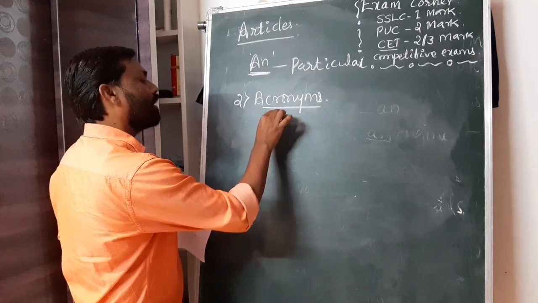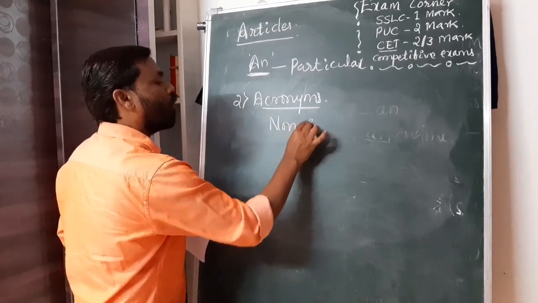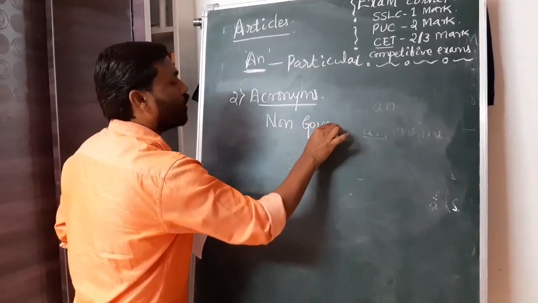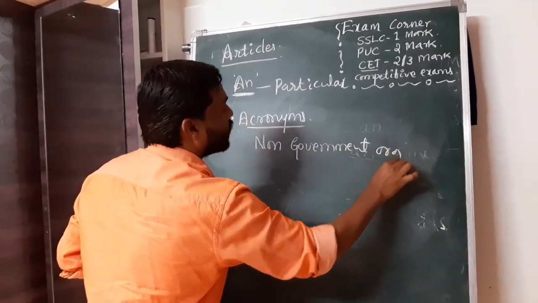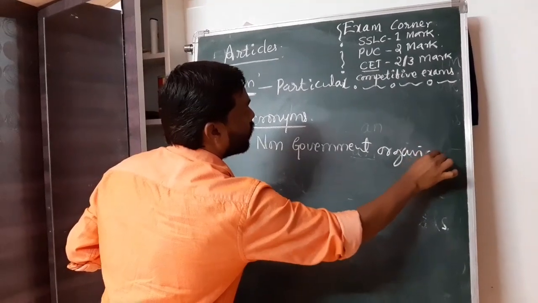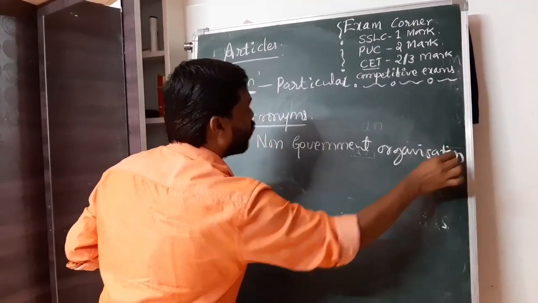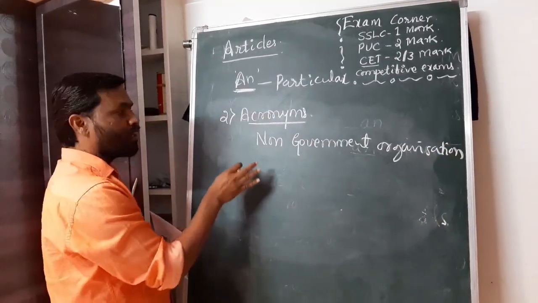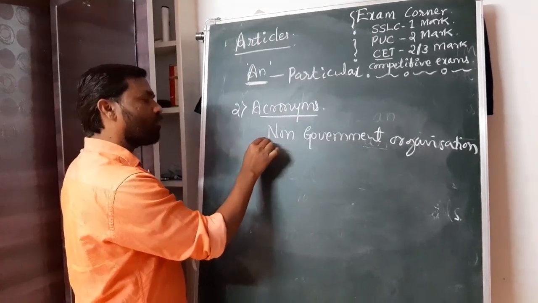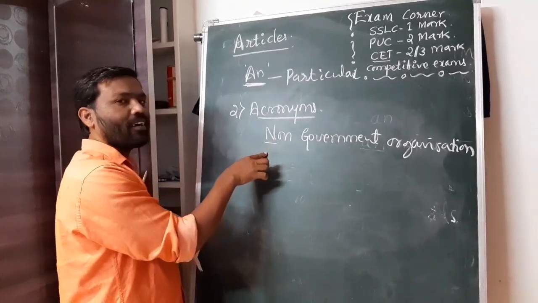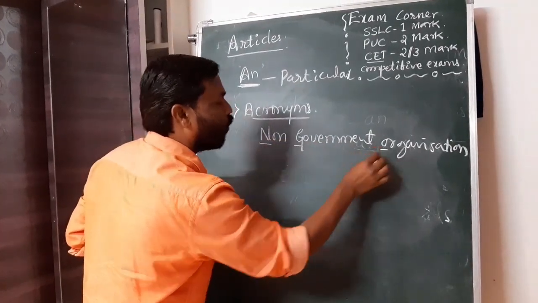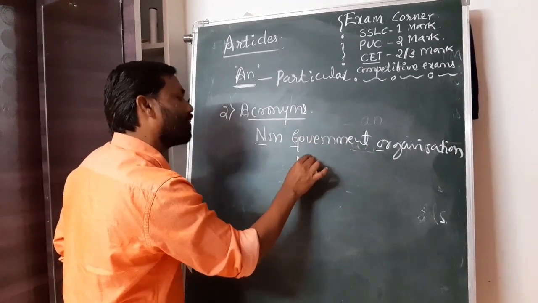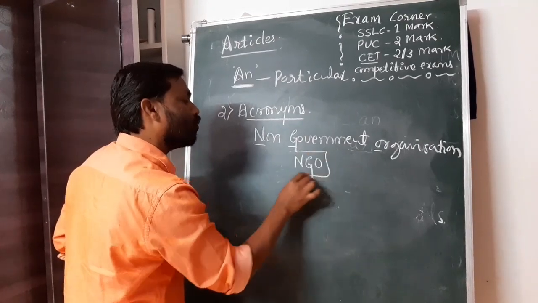For example, there is the phrase non-government organization. When we form the acronym of this, we take the initial letter of each word: N, G and O, and we write it like this, NGO.